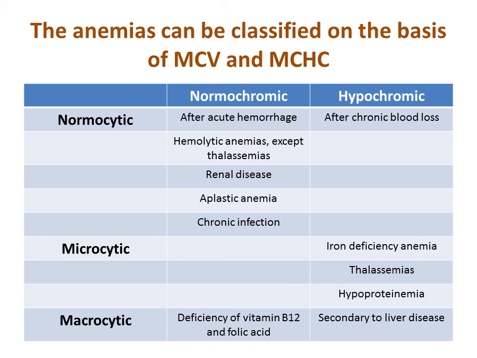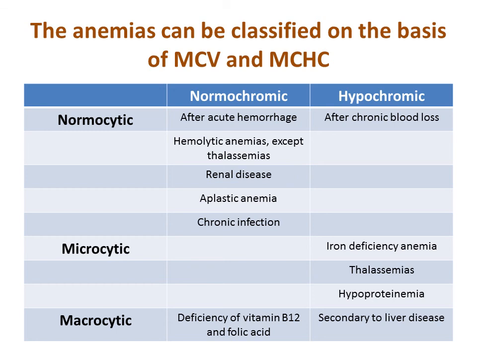When the MCV is within the normal range and the anemia persists, then it is called normocytic anemia. When MCV is below the normal range and the anemia persists, then it is called microcytic anemia. When MCV is above the normal range, then the anemia is called macrocytic anemia.